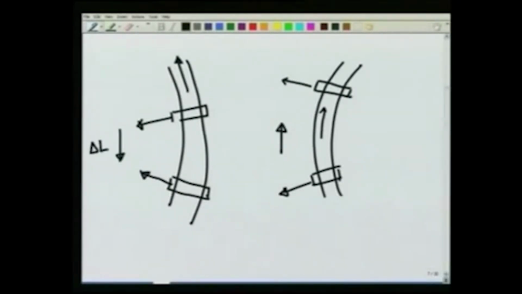This is delta L, delta L. On the other hand, when it's turning on this track, it requires a centripetal force in the direction to the left, and on this track it requires a centripetal force in the direction to the right, so that its center of mass moves properly on the track.